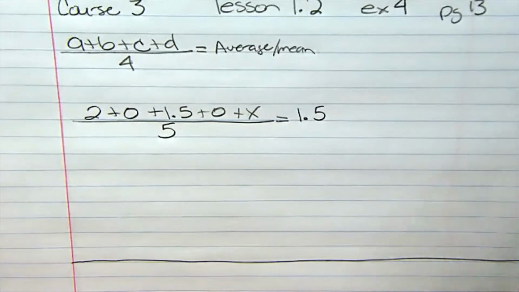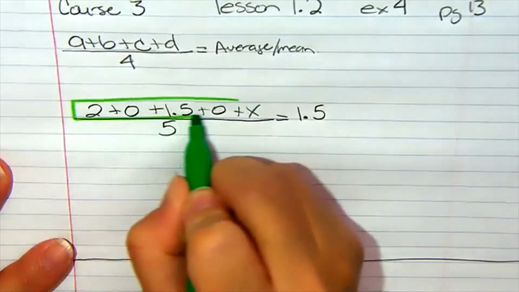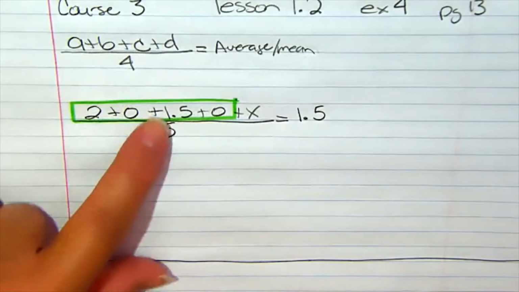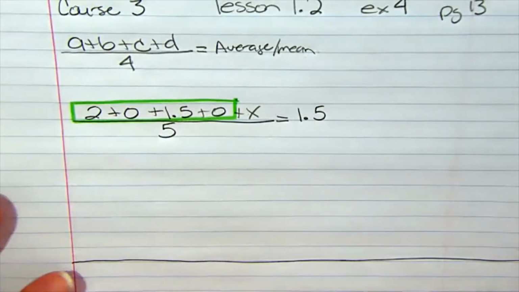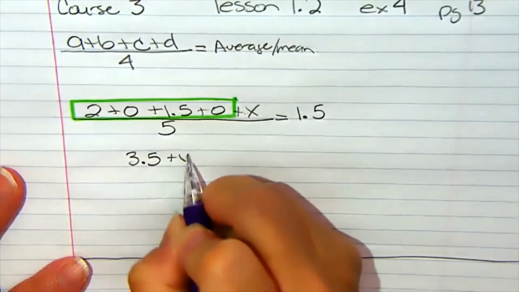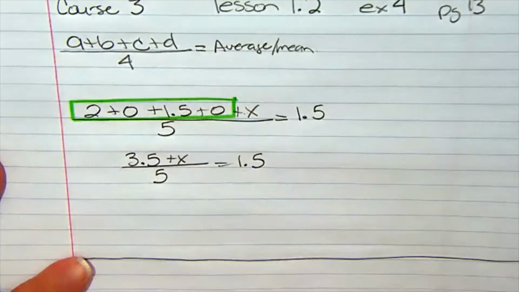So the first thing I want to do, I want to combine my like terms. So 2 plus 0 plus 1.5 plus 0 is 3.5 plus X over 5 equals 1.5.